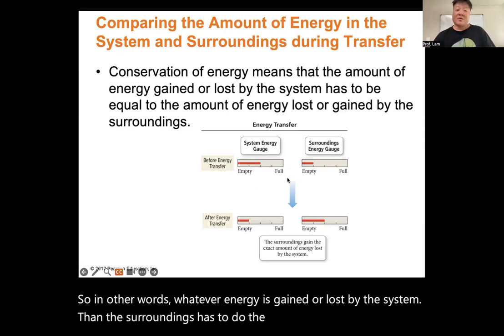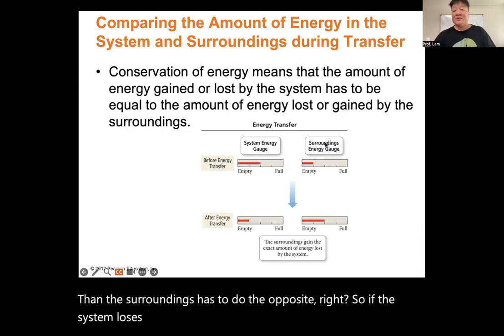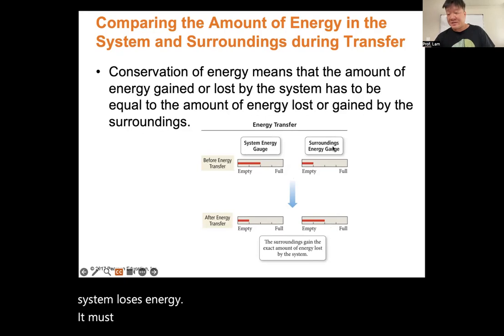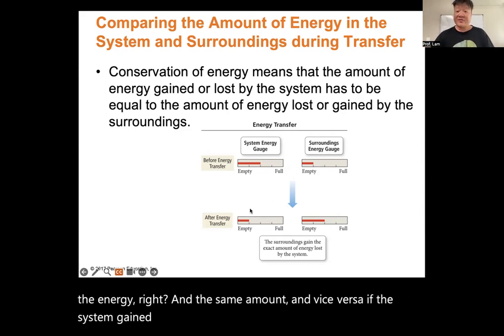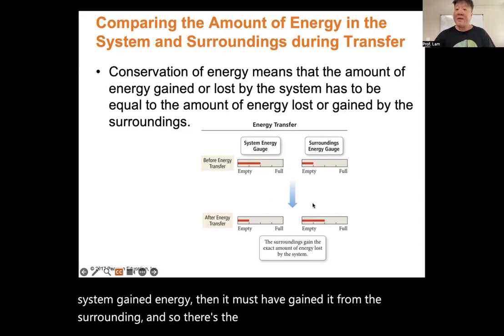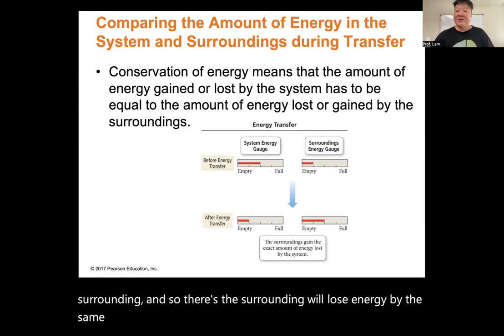So if the system loses energy, it must have lost it to the surroundings, so the surroundings gain the energy in the same amount, and vice versa. If the system gained energy, then it must have gained it from the surroundings, and so the surroundings will lose energy by the same amount.